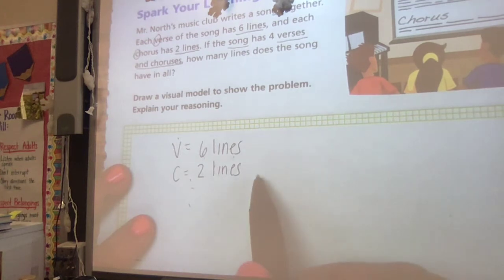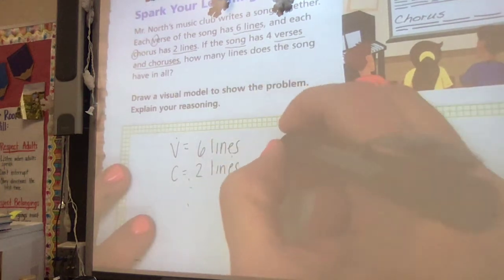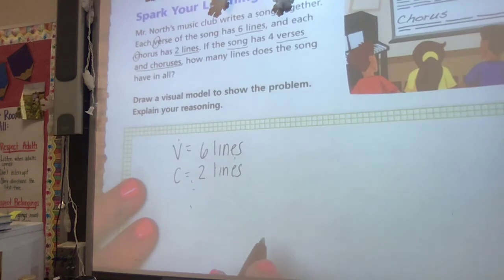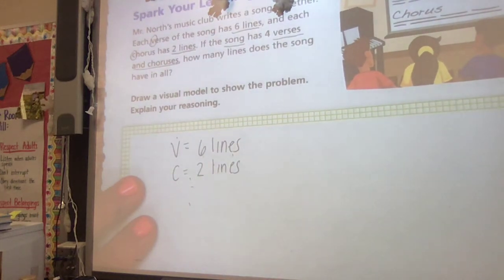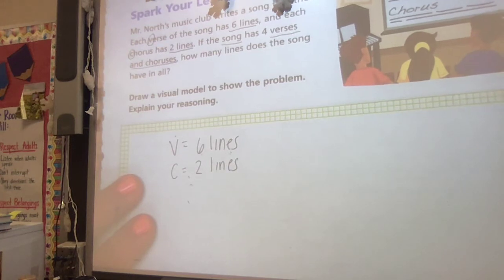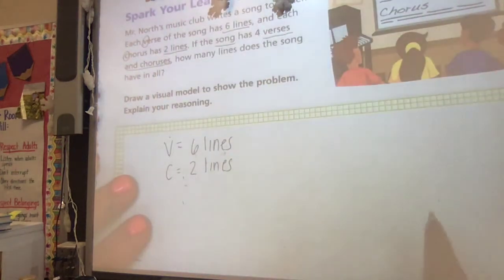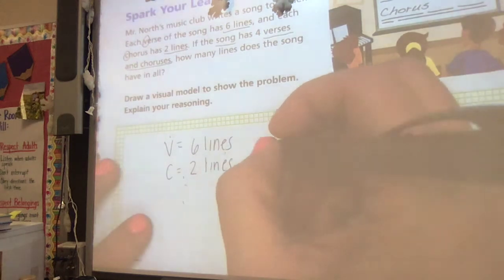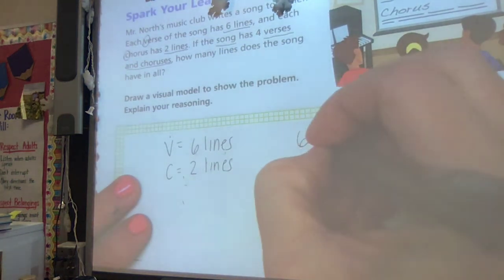And if the song has 4 verses and choruses, so each song has 4 verses and 4 choruses, how many lines does the song have in all? Alright, so I think about different expressions I could write. I know that each verse has 6 lines, each chorus has 2.